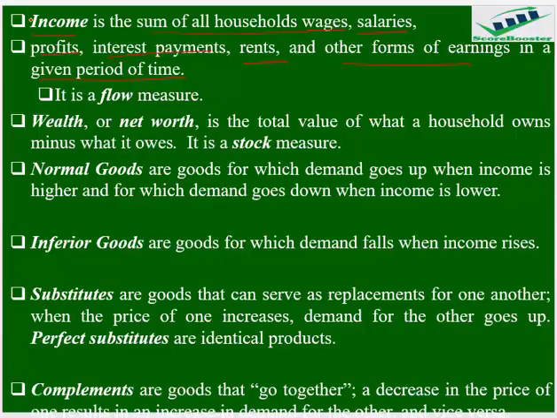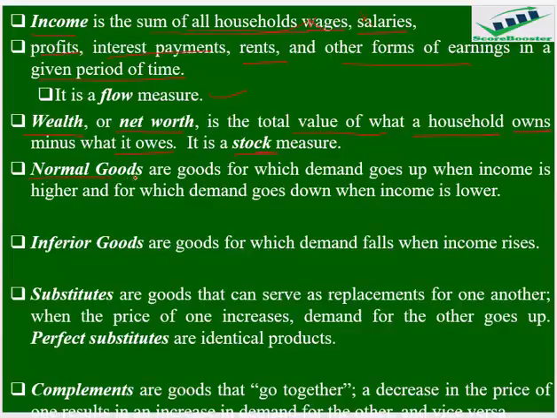So anytime you hear income within the law of demand, it is referring to all your income, all that you have, not your salary only, all the household, the two parents, father and mother, and what have you, and it is a flow because it is coming to you. Whereas wealth or net worth is the total value a household owns, what you have minus what you owe somebody, and it is a form of stock. It is clearer for some of us who are also doing accounting: here is just like a cash flow, here is just like the net worth of the business.